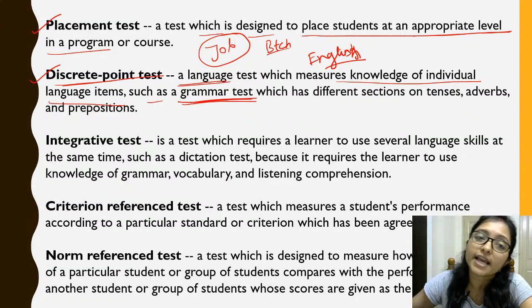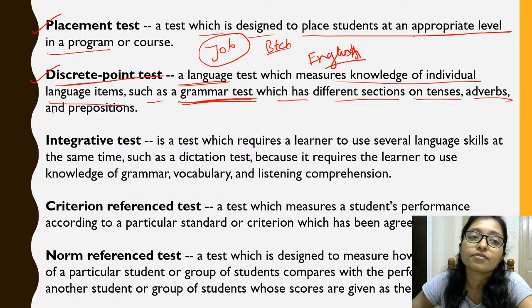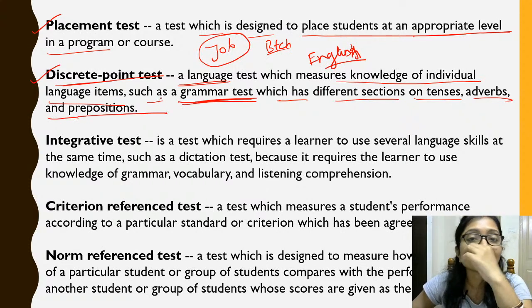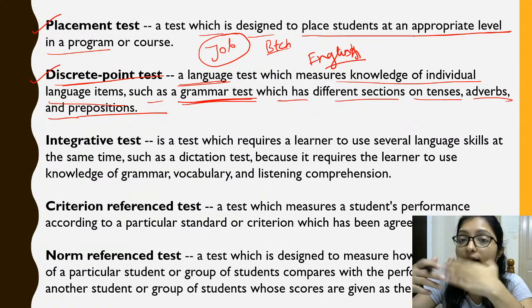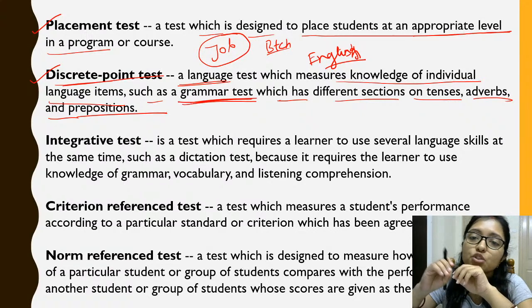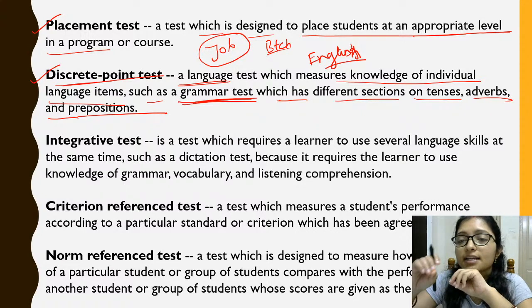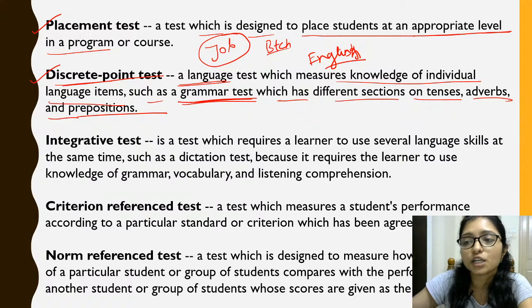So we have to test the grammar test, which has different sections on tense, adverb, verb, preposition. So discrete means exact area. We try to point out the exact area, means you know the English, you are able to speak in English, but how good you are in grammar, how you are able to say that sentence, that tense, that adverb correctly. That is the discrete point test.